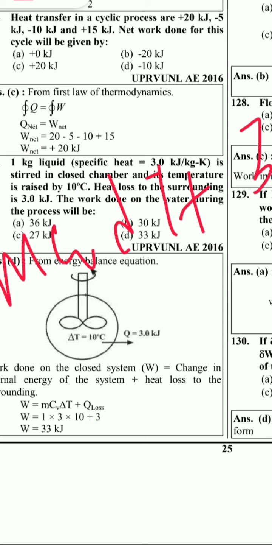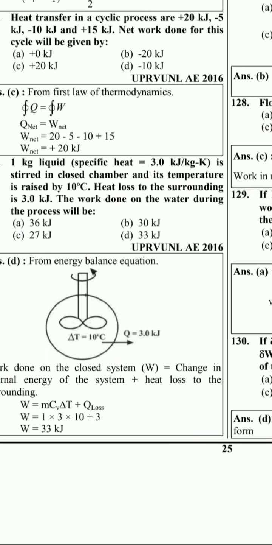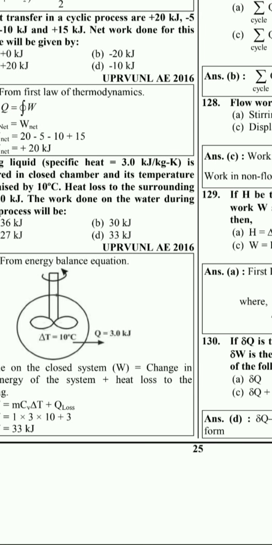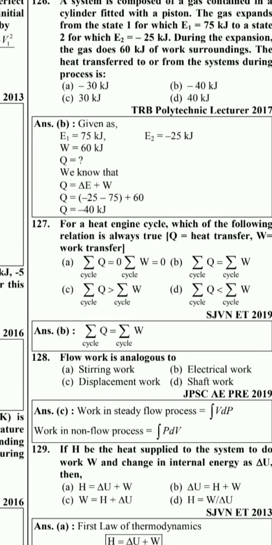So here mass is 1, specific heat is 3, and temperature change is 10, so it is 30 plus 3, 33 kilojoule. So the net amount of work done by the stirrer onto the water will be 33 kilojoule. So option D will be the right answer for the given question.